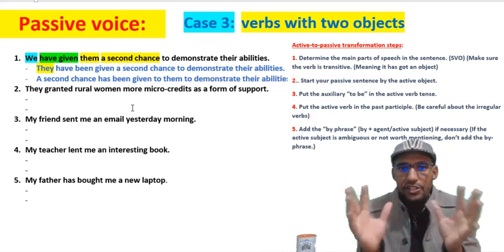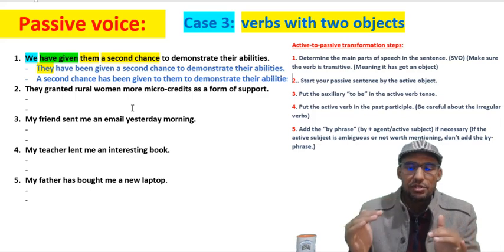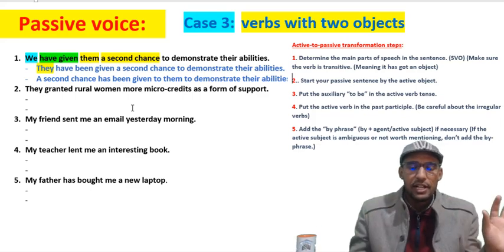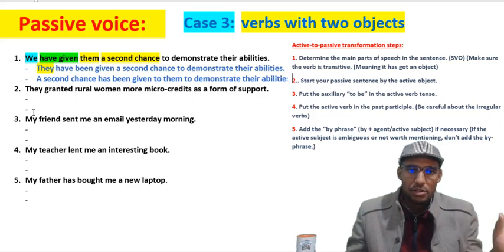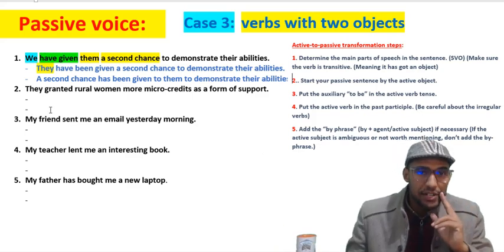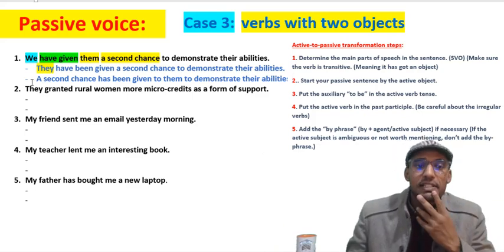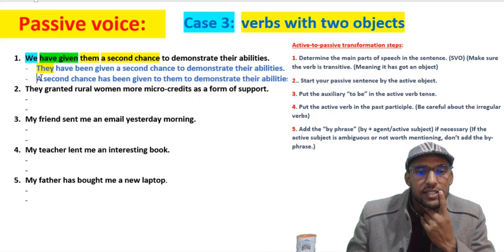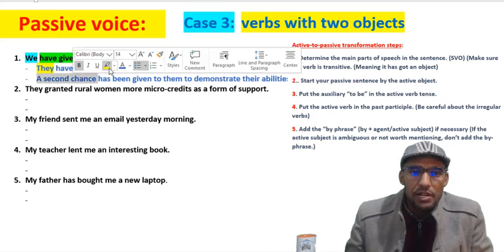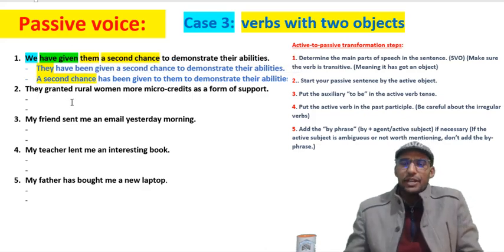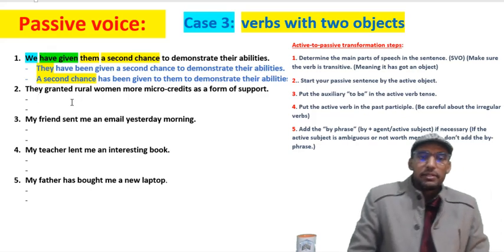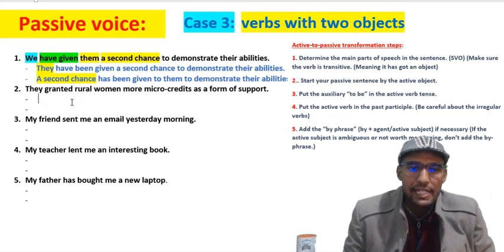Now you understand, guys, how to start our statement with either the first, indirect object or the second, direct object. We have these two ways, and both of them are 100% correct and acceptable.